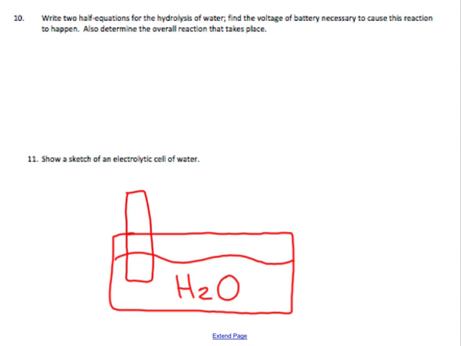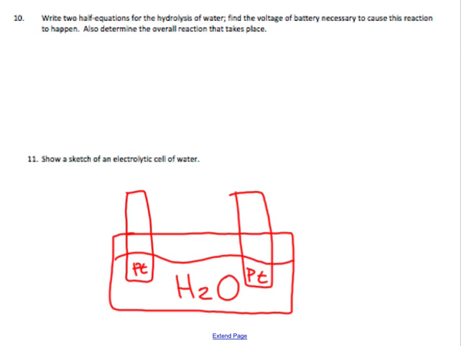In the electrolytic cell, unlike the voltaic cell, the electrodes are actually just a surface for reactions to occur on. So we're going to pick some sort of metal that's pretty inert, like tungsten, titanium, platinum, or something. And so I'm going to choose platinum. And again, they're not part of the reaction.